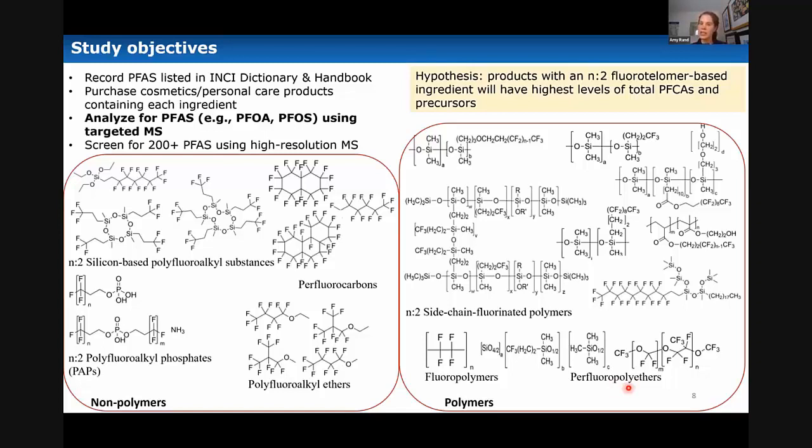So organizing the ingredients this way generated a hypothesis where products with N2 fluorotelomer-based ingredients would have the highest levels of total PFCAs and PFCA precursors, either through the degradation of the primary ingredient, an impurity in the formulation process, or potentially even through use as a compound or processing aid to synthesize that final ingredient. And I'll describe this in more detail later.